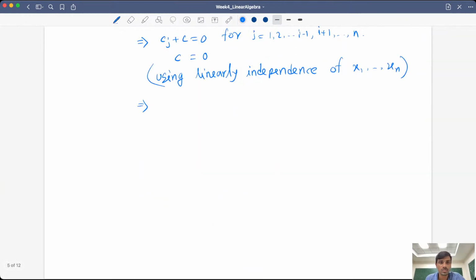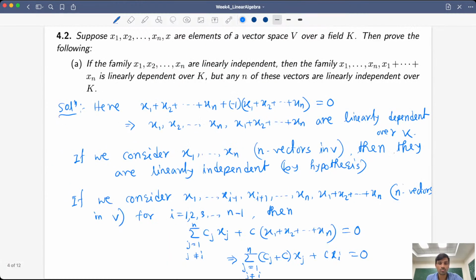So this implies cj equal to c equal to 0 for j equal to 1 to i minus 1, i plus 1, n. Okay, so that was what we wanted to show, consider this thing.